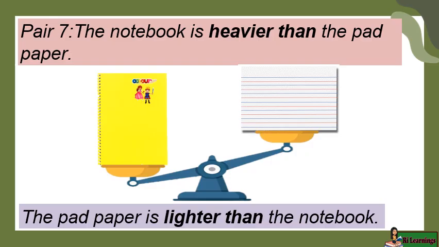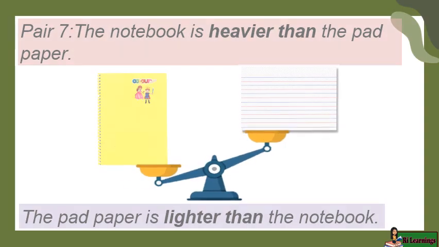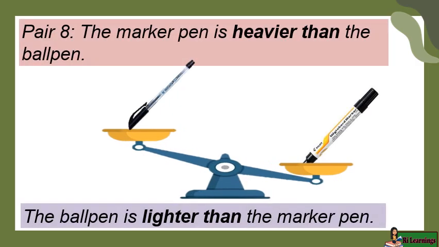Pair 7. The notebook is heavier than the pad paper. The pad paper is lighter than the notebook. Pair 8. The marker pen is heavier than the ball pen.